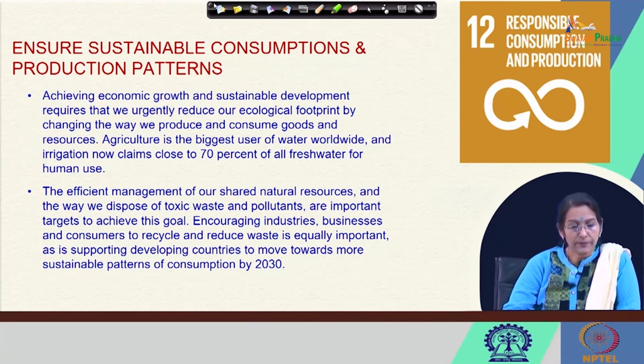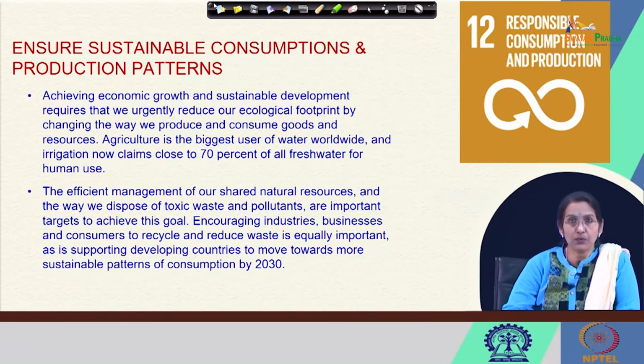Now, agriculture is the biggest user of water worldwide, and irrigation claims close to 70% of all our fresh water. So the efficient management of our shared natural resources, like our minerals, our energy and our water, all kinds of things, is important.